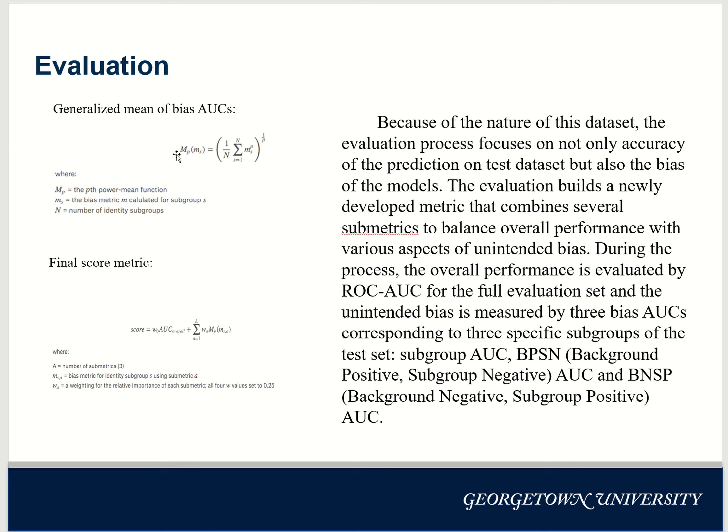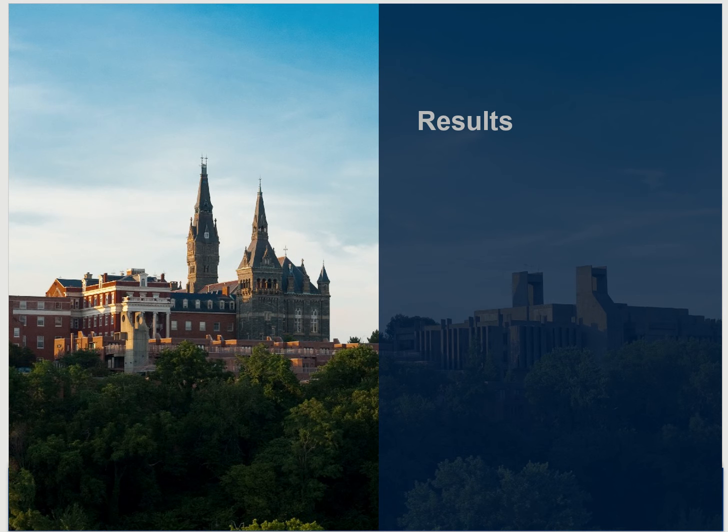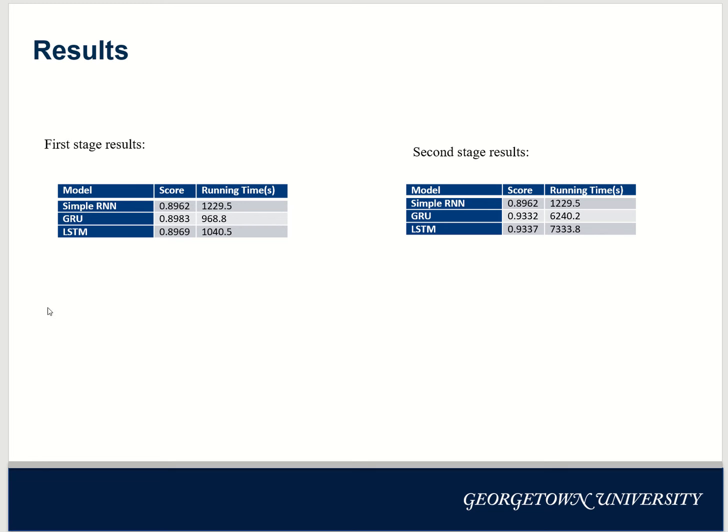Firstly, they get the generalized mean of the bias AUCs, then they add it to the overall AUC to get the final score. Then these are the results. You can see that with very light preprocessing of data and very immature models, I would say very easily built models, the scores are not very high, and especially you can see the LSTM performs worse than GRU in this case.